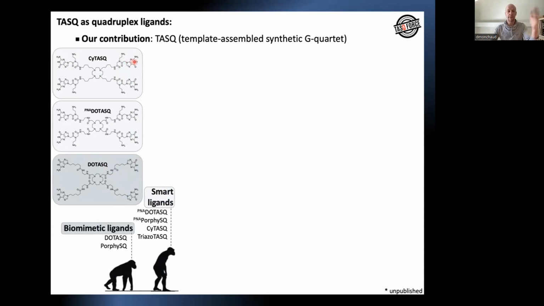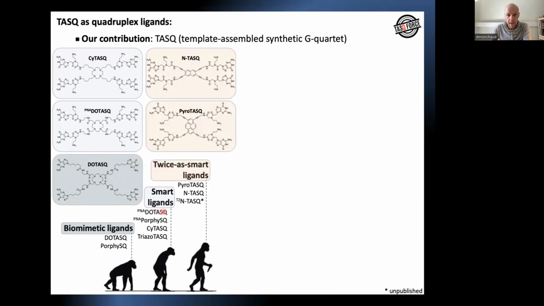Here there is an amino side chain that can be protonated at physiological pH, and we were able to demonstrate that they fold into their G4 affinity conformation only in the presence of the target. This is why we call these ligands the smart ligands.